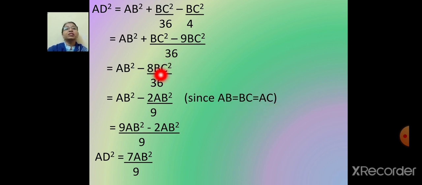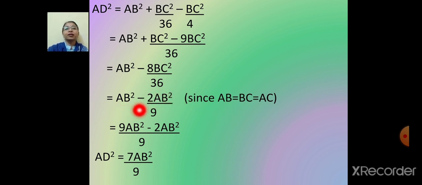So this BC square we can replace by AB. Why are we replacing? Because in the required expression we want 9 AD square is equal to 7 AB square. So that is why we are replacing this BC square by AB square.